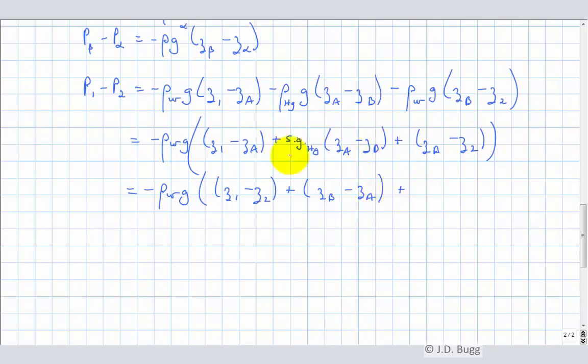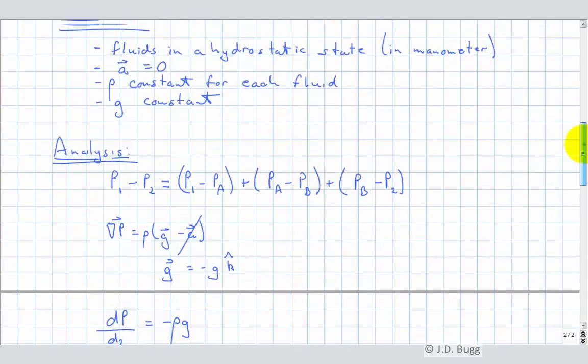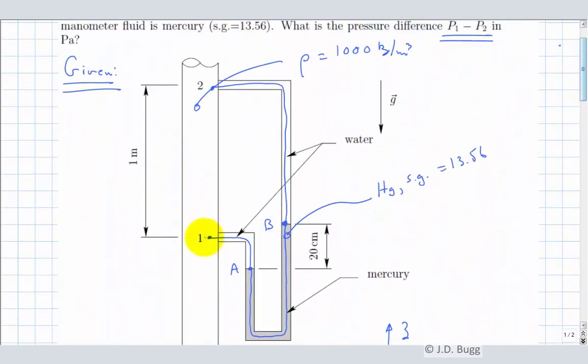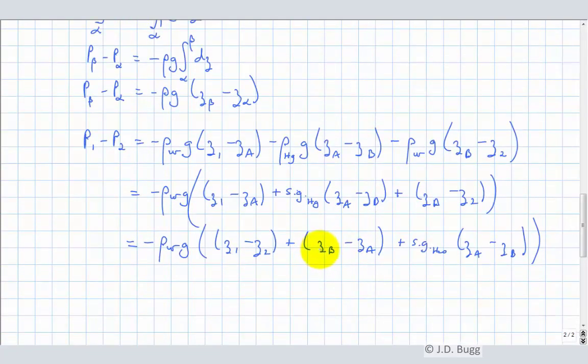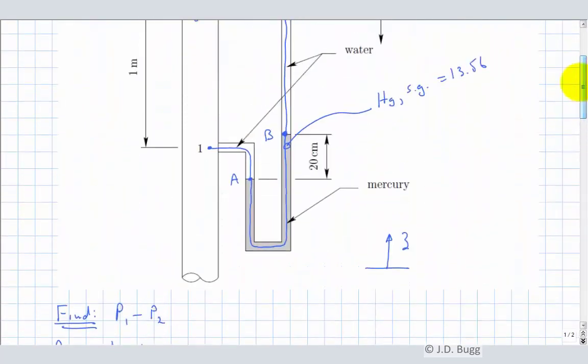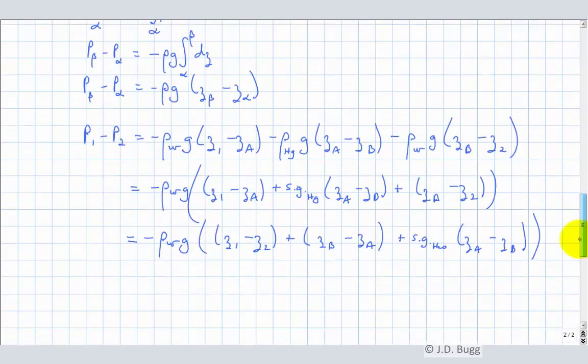And then we still, of course, need our mercury term here, specific gravity of mercury times ZA minus ZB. Z1 minus Z2, we know. So Z1 minus Z2 will be negative 1 meter. And ZB minus ZA is going to be 20 centimeters. So now we're ready to substitute numbers into these.